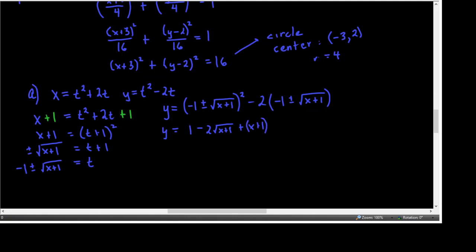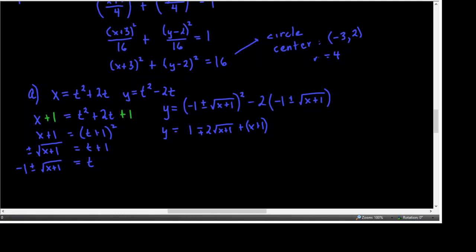And the other way of doing it would be -2 times -1 times the negative radical, which would be plus. So in the top version, it ends up being subtraction of that second term. The bottom version, it ends up being addition.